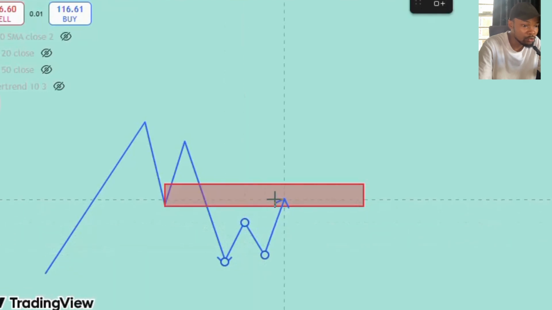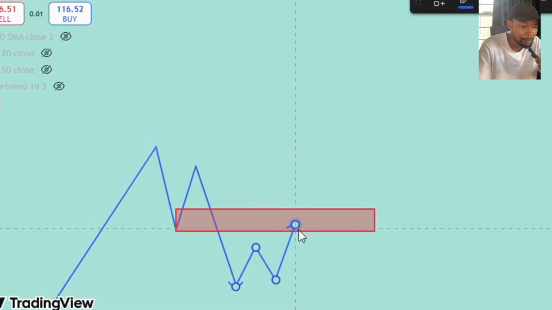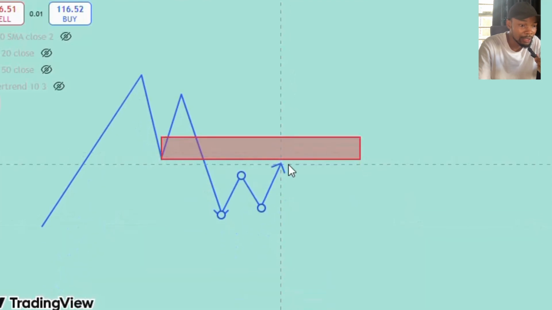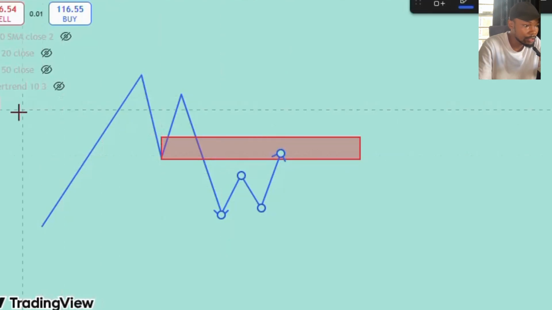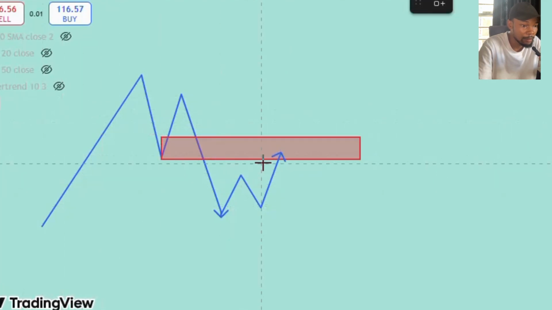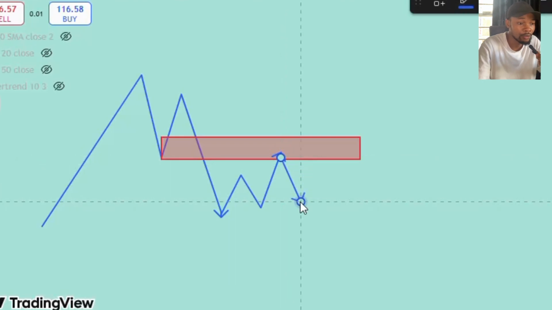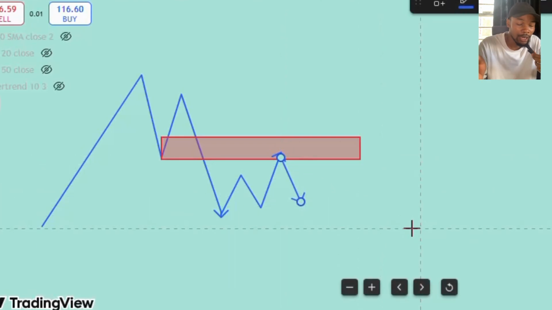Wait for the price to get into this box and enter a downtrend, a short or a sell, and the price will most likely be rejected from this point. So let's check that out. I'm going to open my chart and you're going to see a lot of other instances just like what I've done. Let me give you another example.